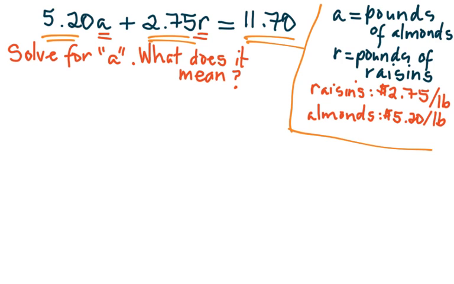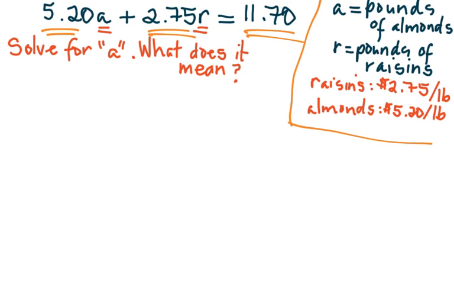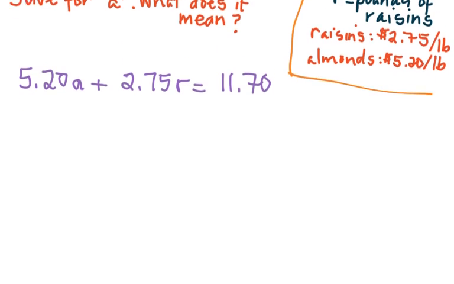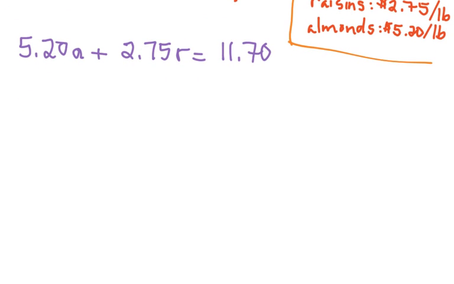Because I've got everything written here, I need space to work, so I'm going to write 5.20a plus 2.75r is equal to 11.70. Again, I'm solving for A. I am going to underline this because that's what I need to get by itself.